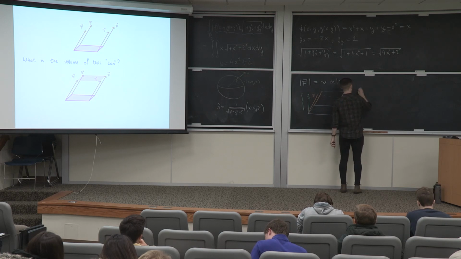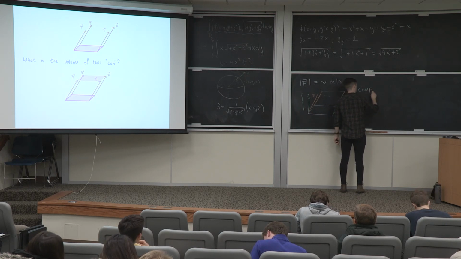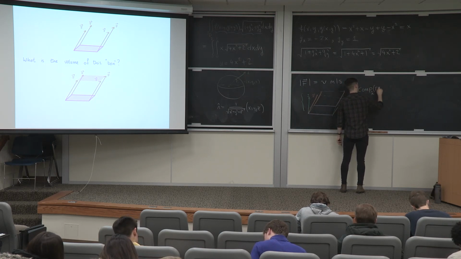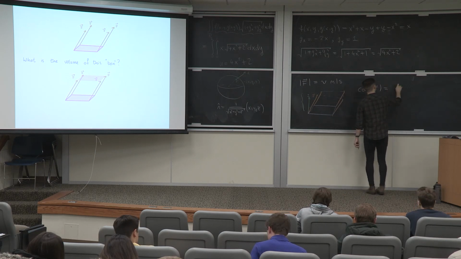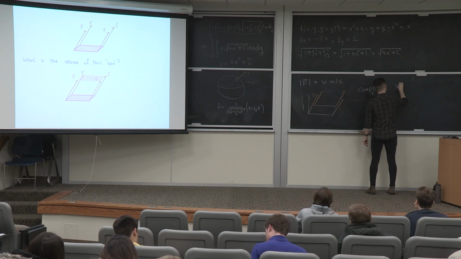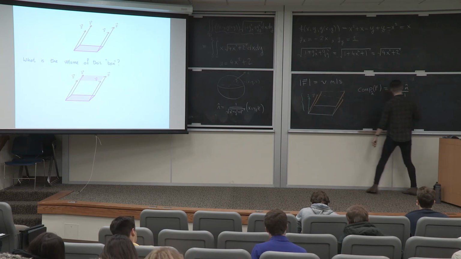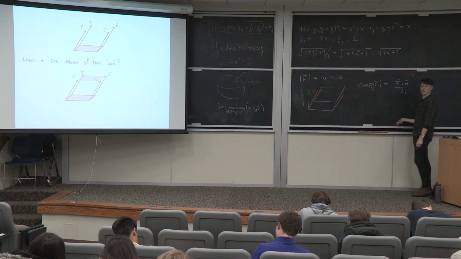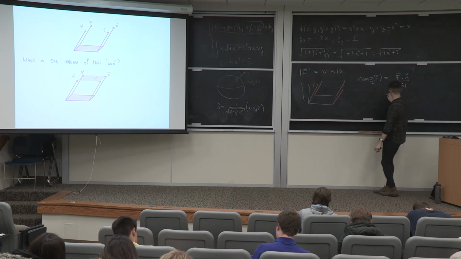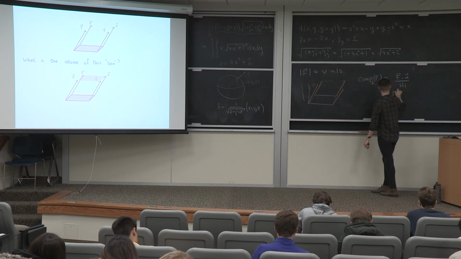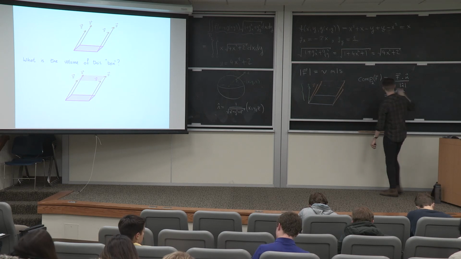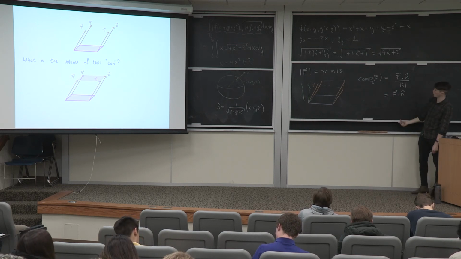So we have the component of f in the direction n, which is f dot n over the length of n. What's the length of n? 1. So this is f dot n. This is the perpendicular height.